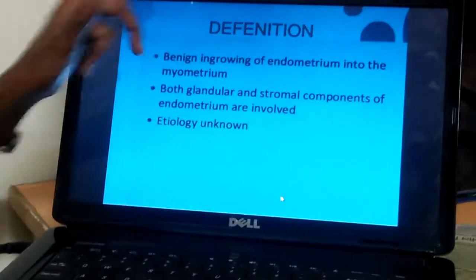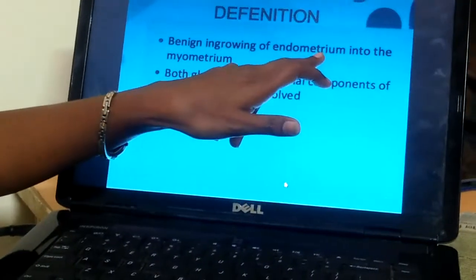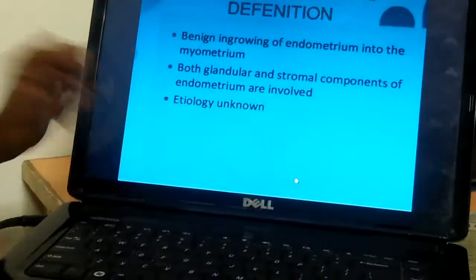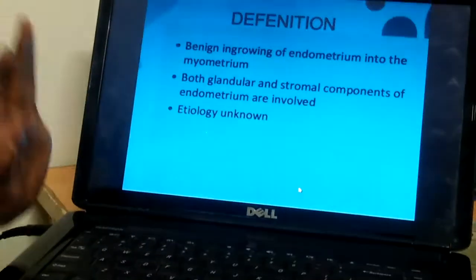The next question is why this is happening. The etiology is unknown. So adenomyosis is a benign ingrowth of endometrium into the myometrium, both glandular and stroma, and the etiology is unknown.